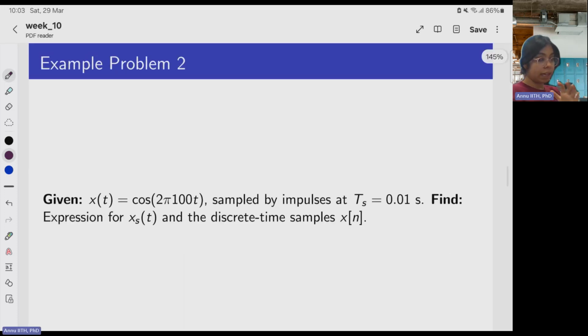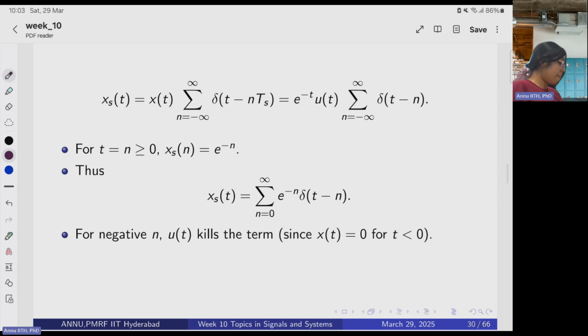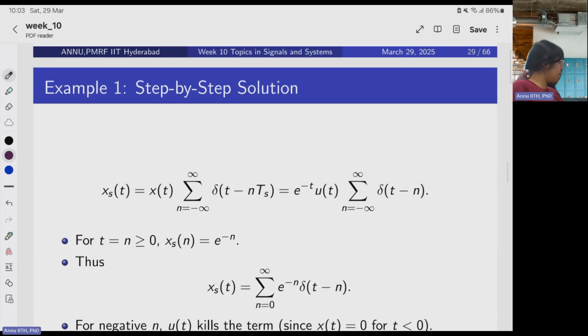This is again a very good example. We have a cosine signal sampled by impulses with Ts equal to 0.01. So what exactly are we doing? We are multiplying the signal with the impulse train, delta of t minus nTs. It's multiplied. Okay. Just simple multiplication.